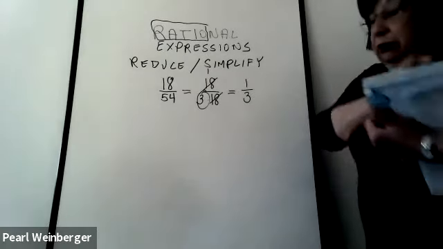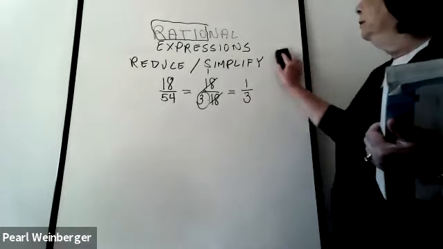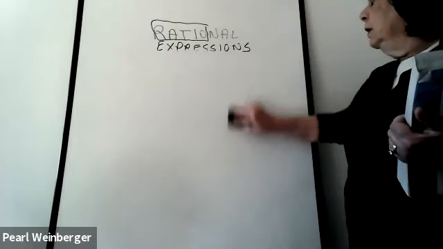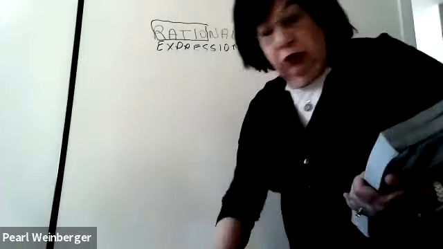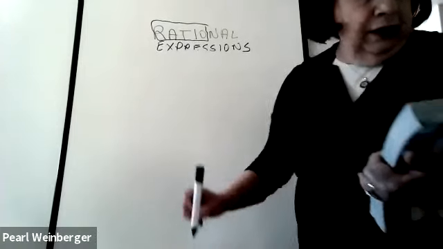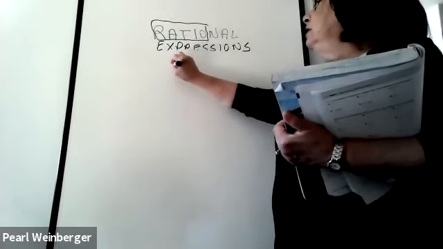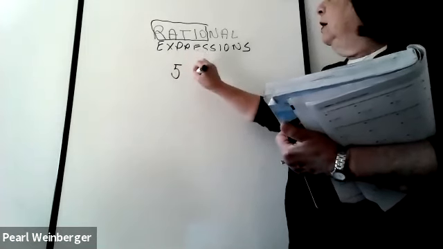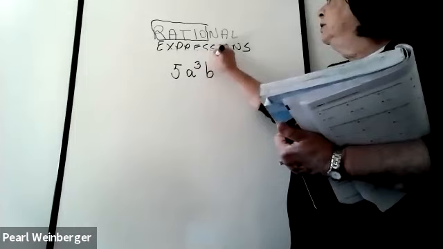And I'm using examples from the book. So actually, there are 2 types that we're going to look at. One type is going to be a rational expression that has just monomials.